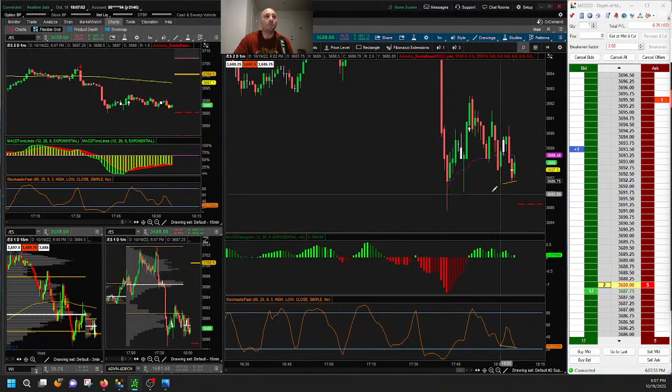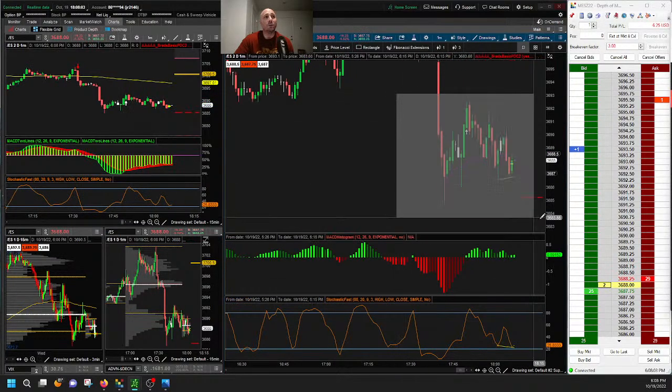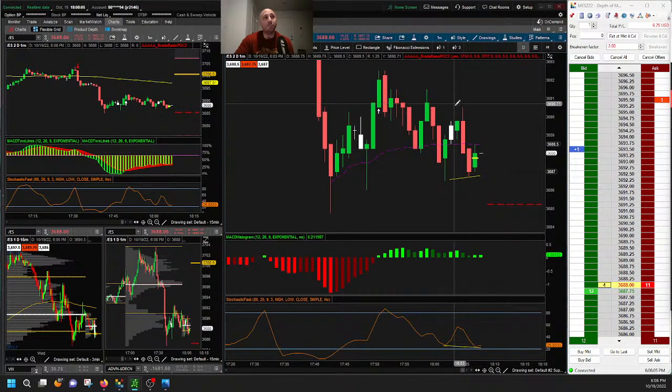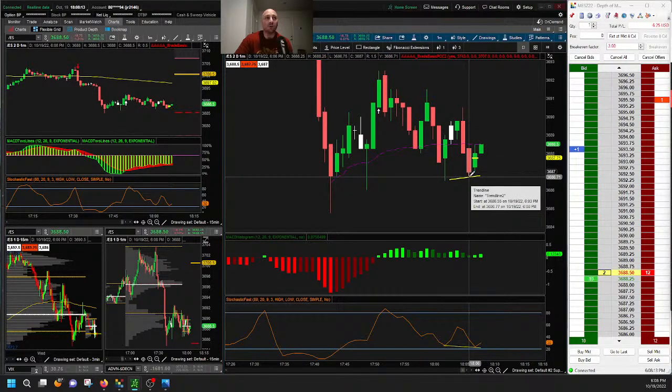I very rarely talk about hidden divergence because it's not something I look for, but we see it right here. Now, if you want, just trade the waterfall. 1, 2, we broke above, maybe look for a pullback and use that as a stop loss.